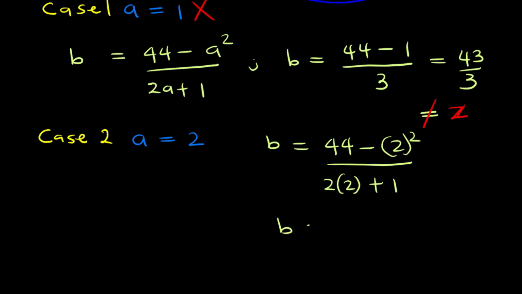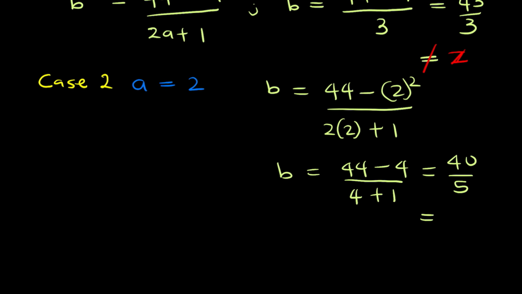So b is equal to 44 minus 2 squared, which is 4, over 2 times 2 is 4 plus 1. This gives us 40 over 5. And 40 over 5 is 8, which is perfectly acceptable because it is positive and it is an integer.